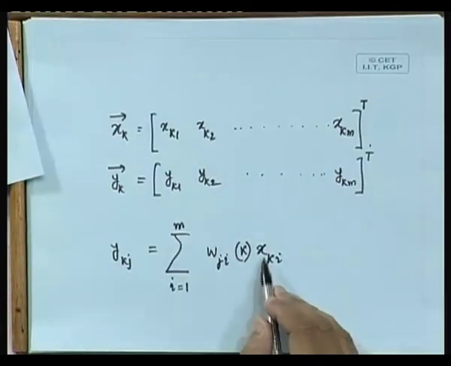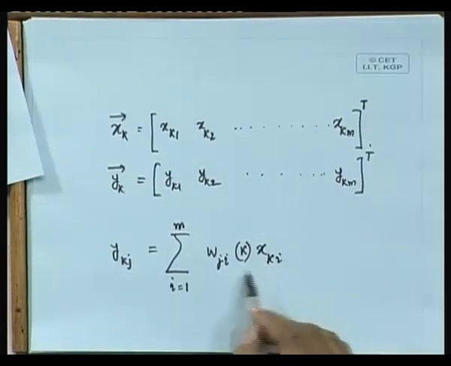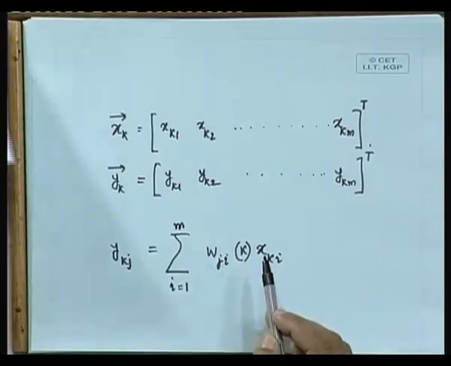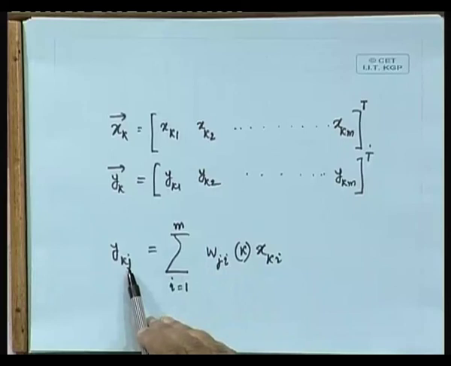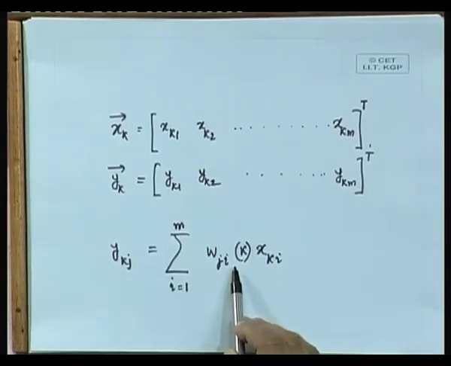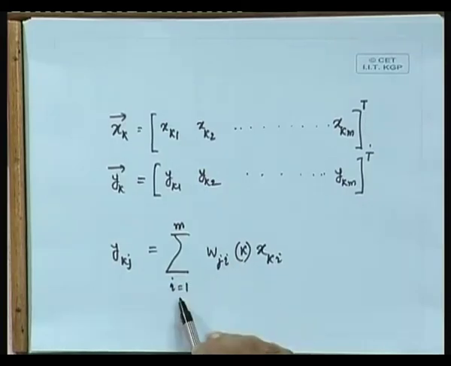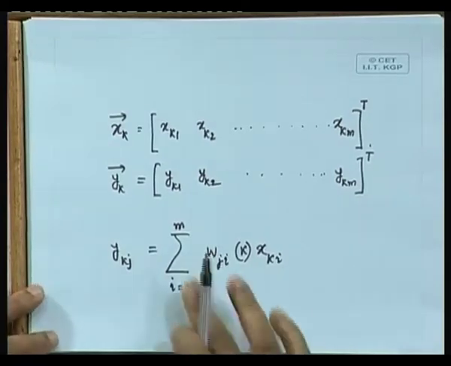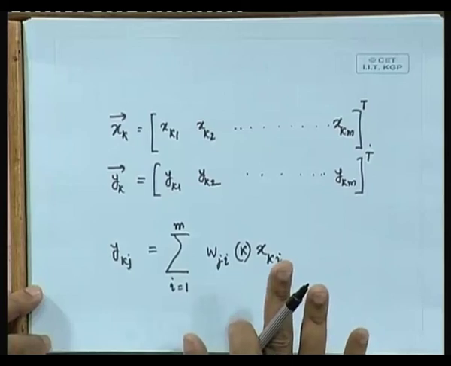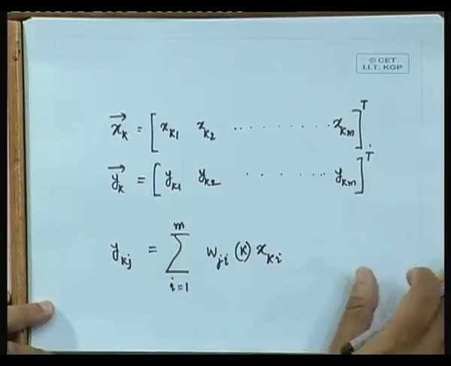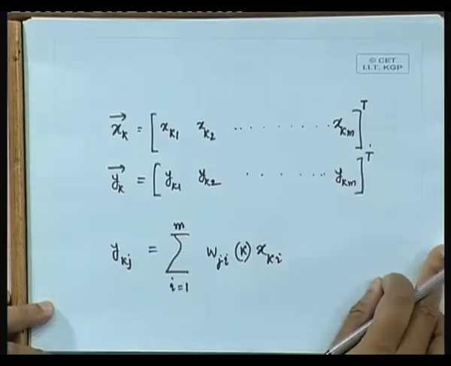So these are all the Xki's, and the Wji's are the corresponding weights between the output neuron j and the input neuron i, for the pattern K, and we are adding it up over i equal to 1 to m. So this is what we are getting for Ykj.